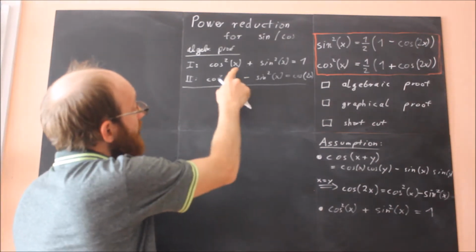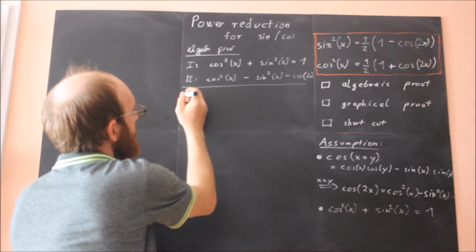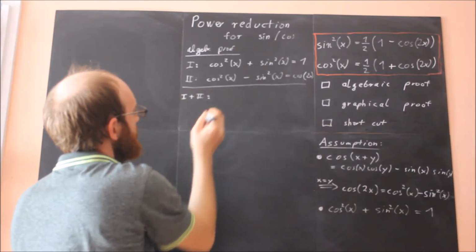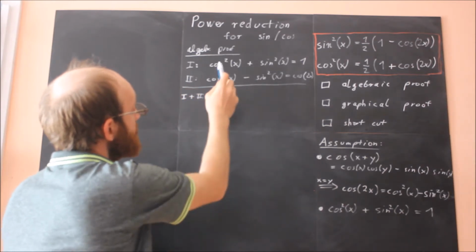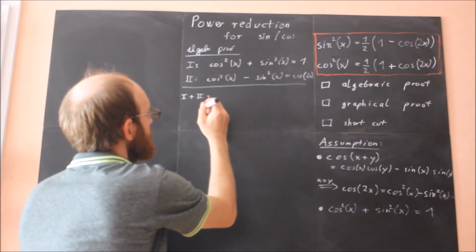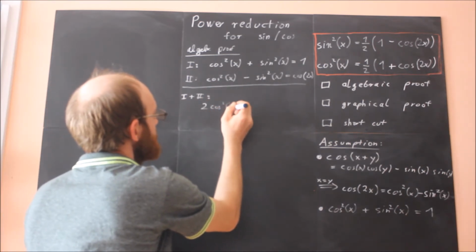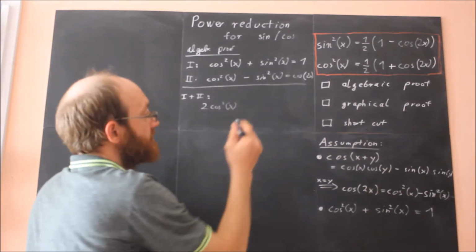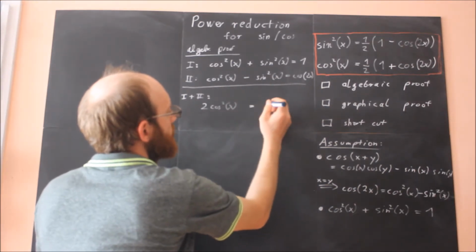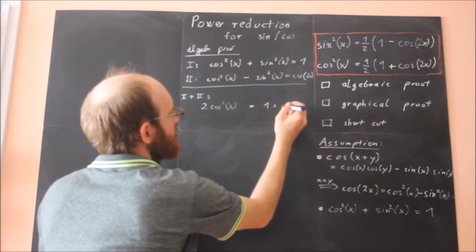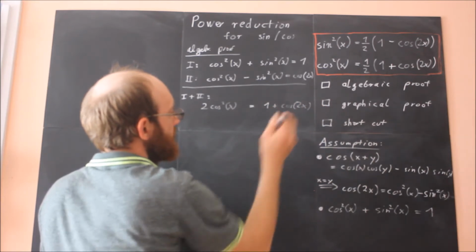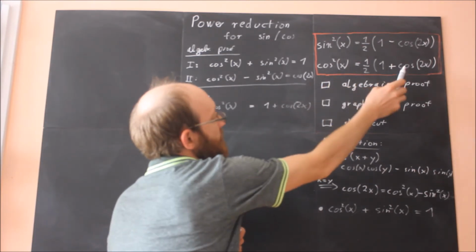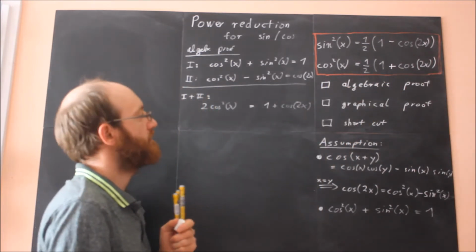If we add them up, 1 plus 2, this will give us 2 cosine squared of x plus sine squared minus sine squared cancels out, and here we are left with 1 plus cosine 2x. Therefore if we divide by 2, you see we get this result.